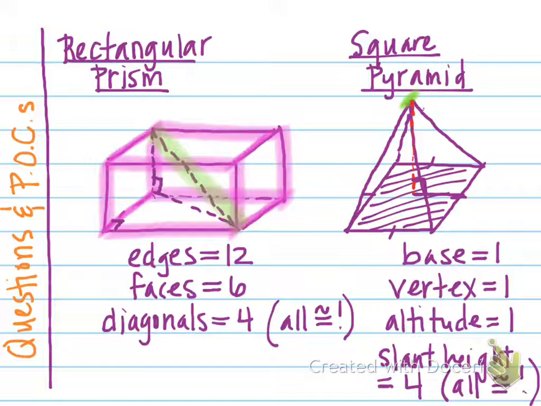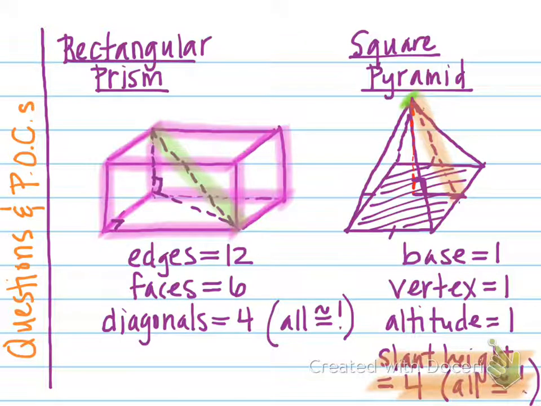It goes from the vertex to the midpoint of one of the sides. So it actually is on the surface of the pyramid. It's right here. Let me go ahead and highlight that for you so you can see a little bit better. We'll do orange. This is the slant height. Okay, so we've got slant height. There are 4, they're all congruent.